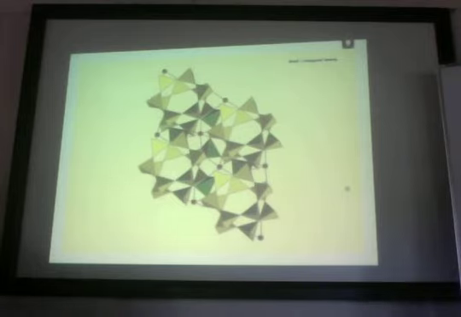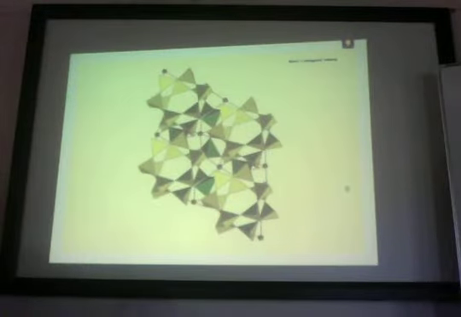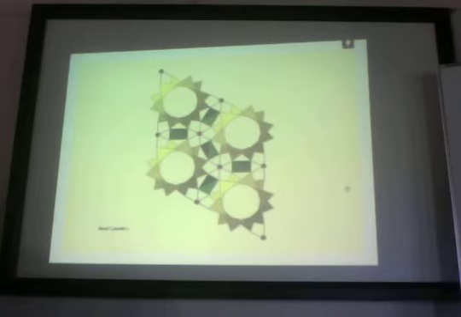That is the nice thing in mineralogy and petrology, that everything fits together. Yeah? So next slide. What is this? That is just a beryl at another plane. Yeah, next slide.